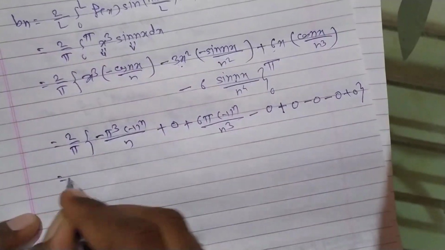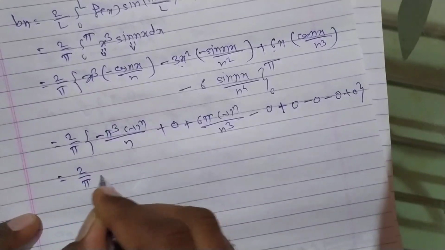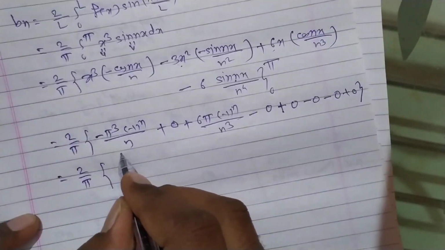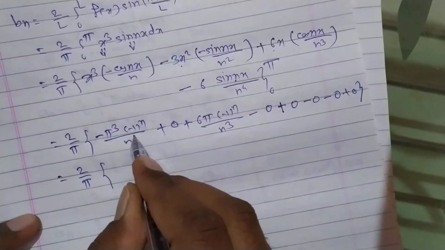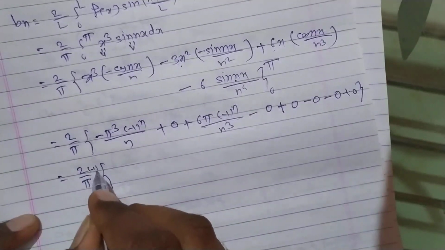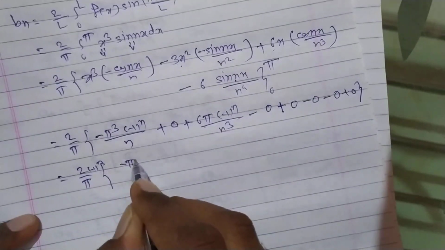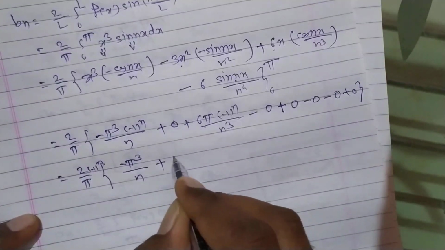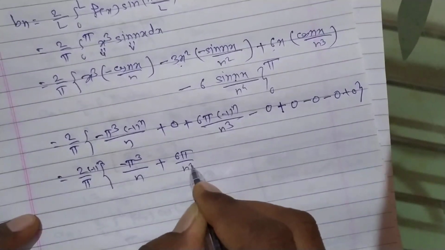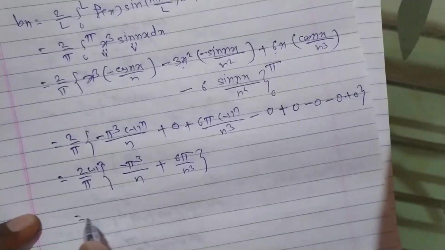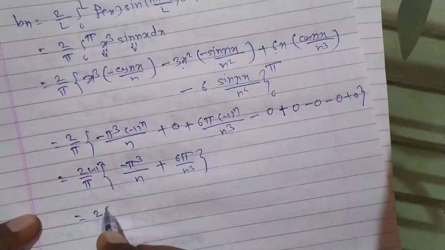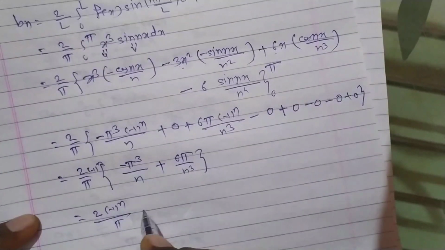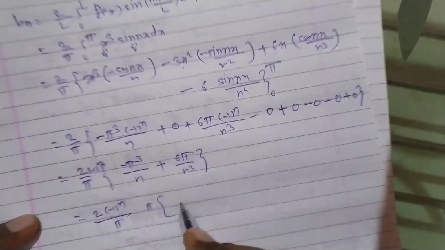So after simplification, we can write here 2 by pi into minus pi cube, minus 1 raised to n, take common here. So minus pi cube upon n plus 6 pi upon n cube is equal to 2 into minus 1 raised to n upon pi, and you can take pi common here.